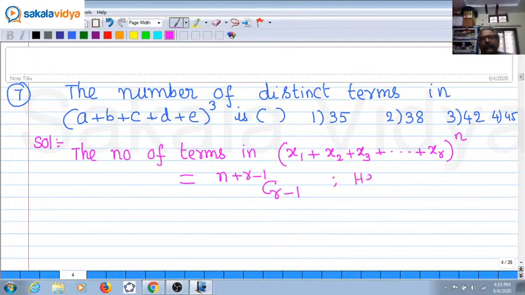Here n equals 3, r equals 1, 2, 3, 4, 5, r equals 5.